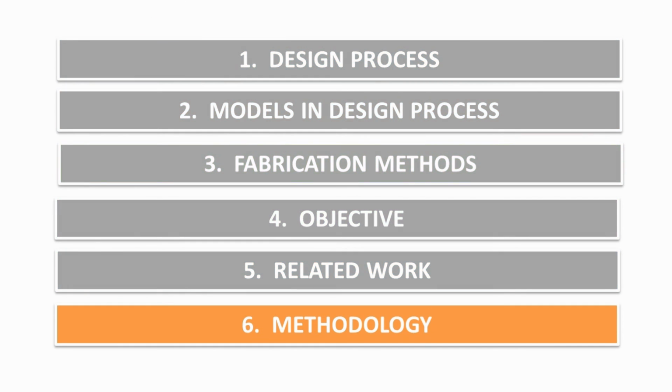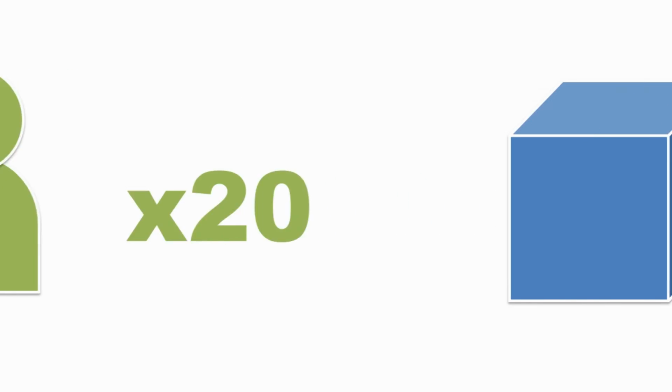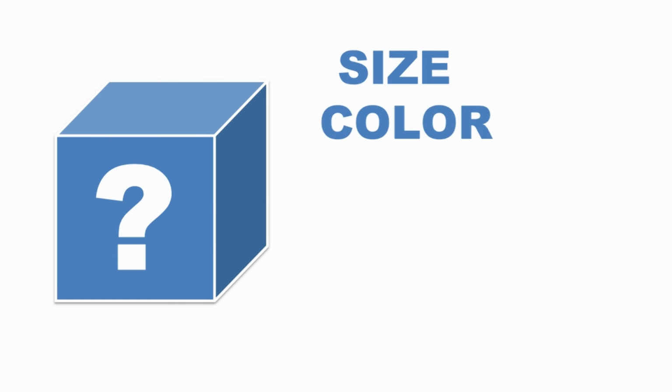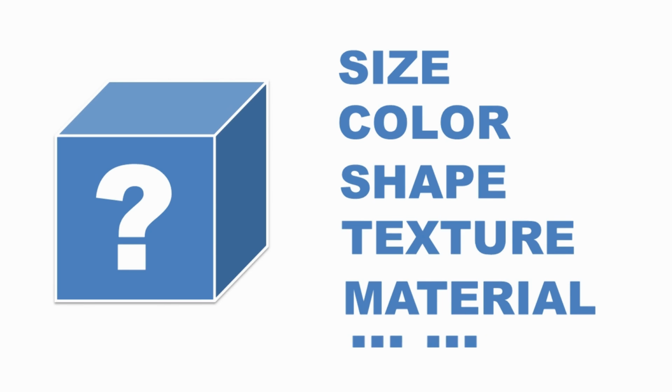To accomplish this study, one experiment will be completed in the future. 20 students in the same grade who volunteer to be in this study are selected. They need to make a model based on a description. They will be told what they need to build, including the product, size, color, shape, texture, material, and so on.